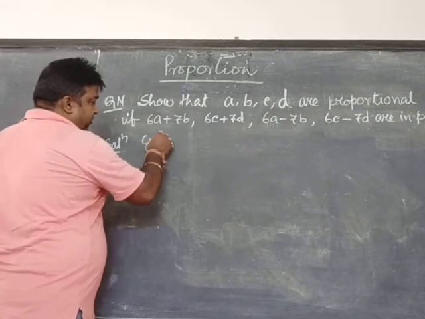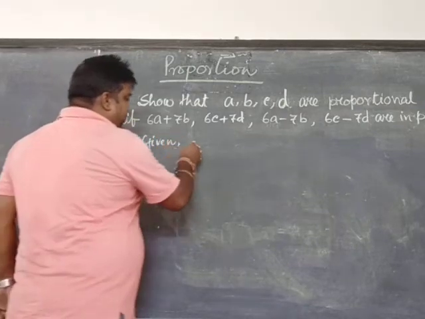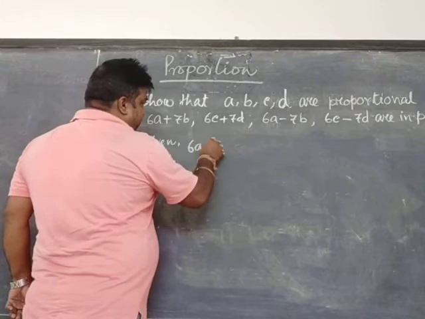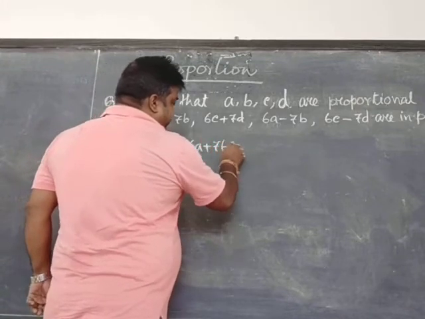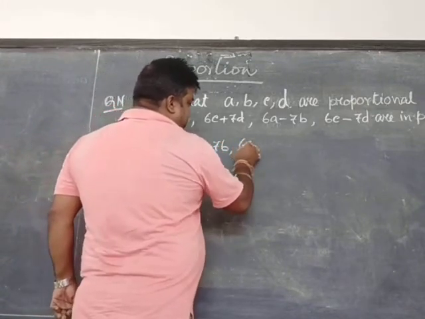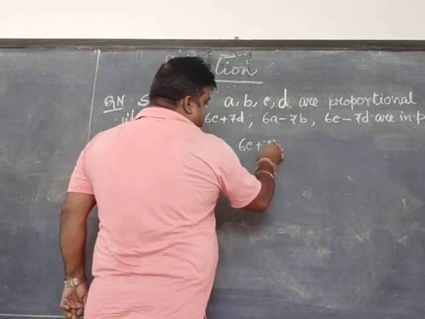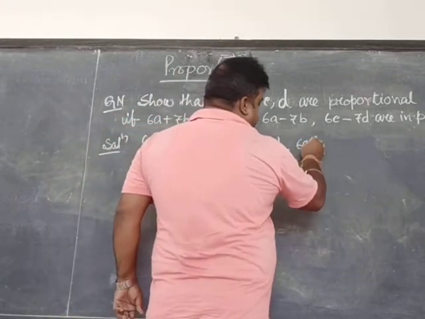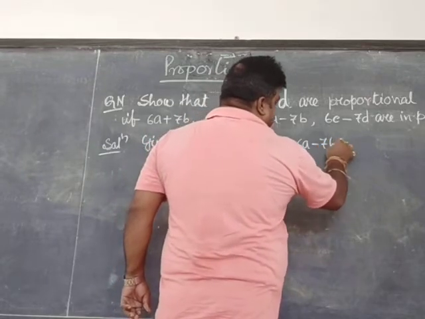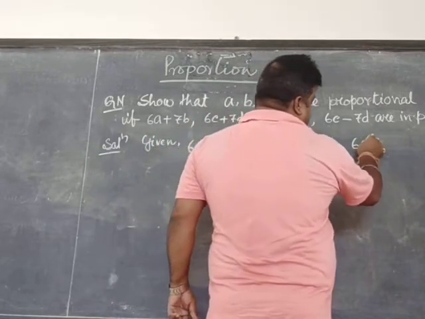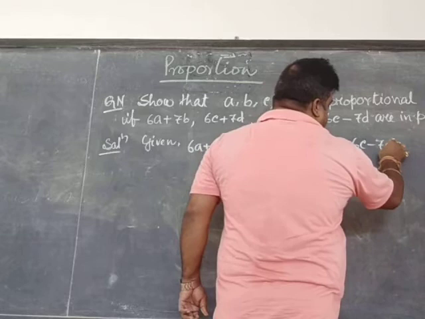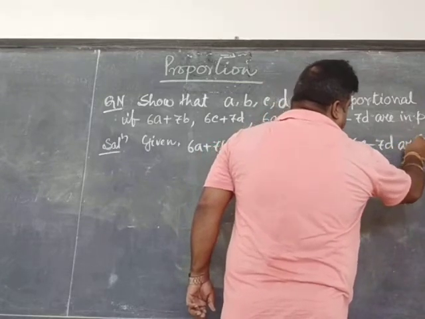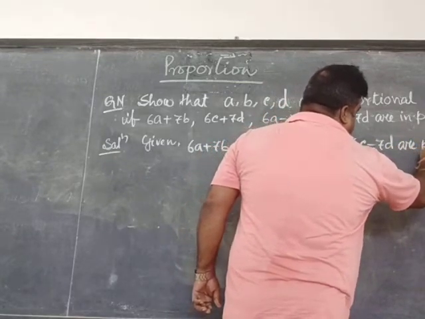Given 6a plus 7b, 6c plus 7d, 6a minus 7b, 6c minus 7d are proportional.